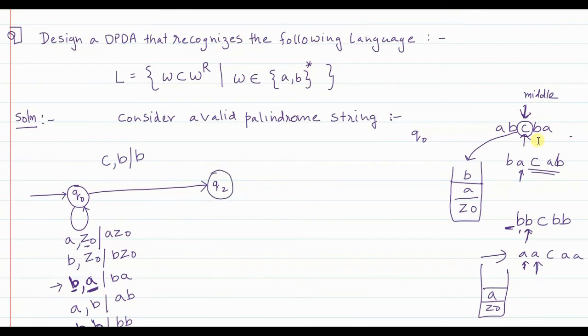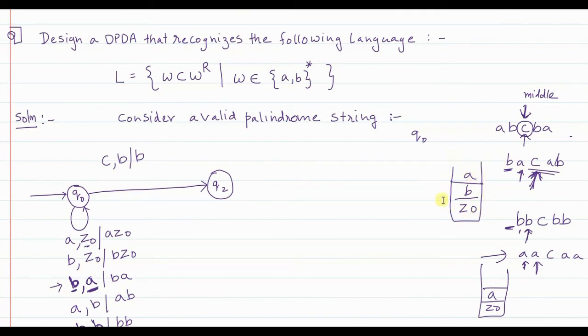Okay, now it can so happen that, let's say for the next string, let's say for this string, after pushing B and A into the stack, first this B is pushed, then this A is pushed. Now when the middle marker character C is reached, in this case you observe that when C is the input symbol which is currently scanned, the topmost element of the stack is A. That time also you will do the same thing.